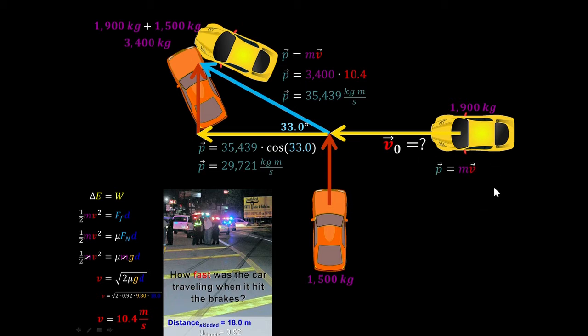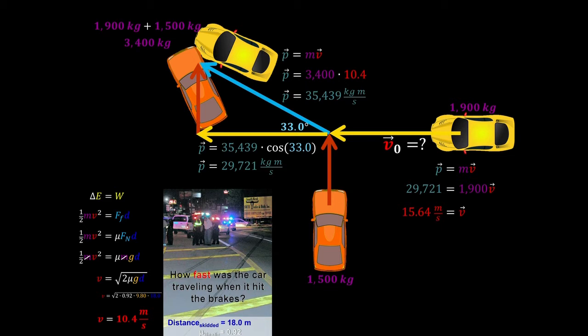So the momentum of this car is mass times velocity. We know how much momentum it should have had because we know what it was after. It should have been the same thing before. We know its mass. The only thing we don't know is its velocity. So divide both sides by 1900 and we figure out that that car must have been traveling 15.64 meters per second.